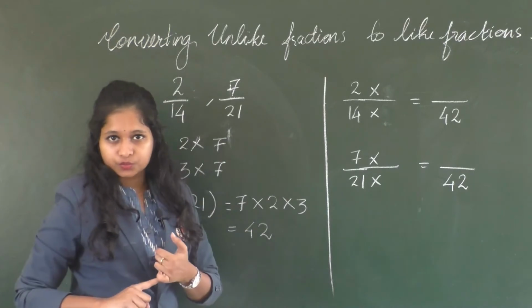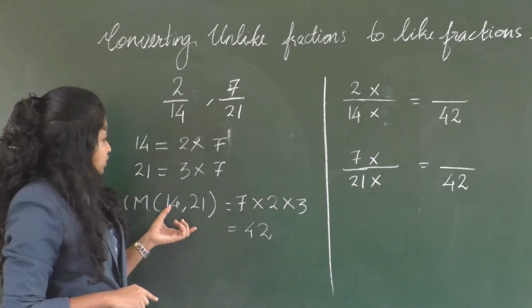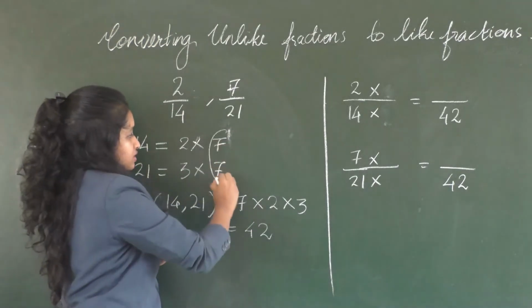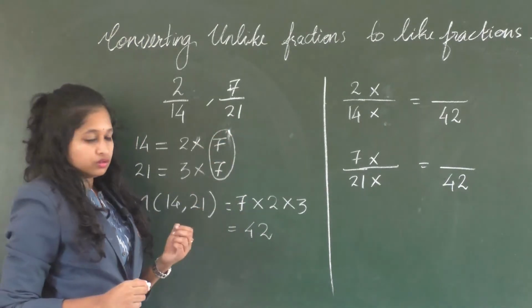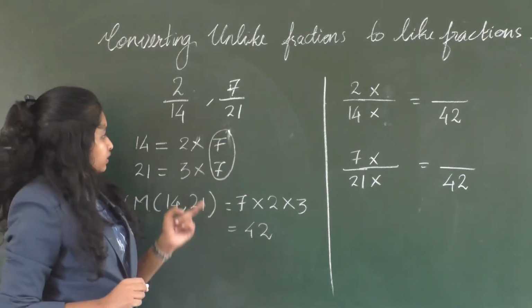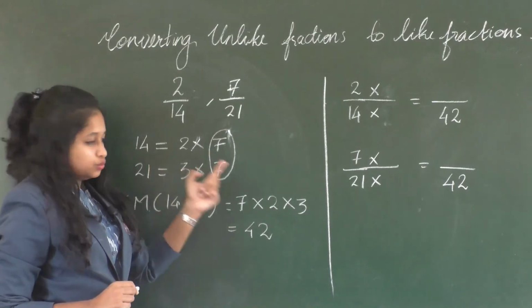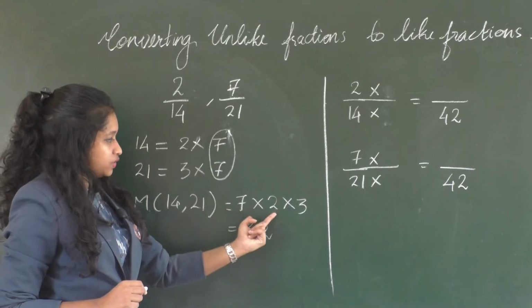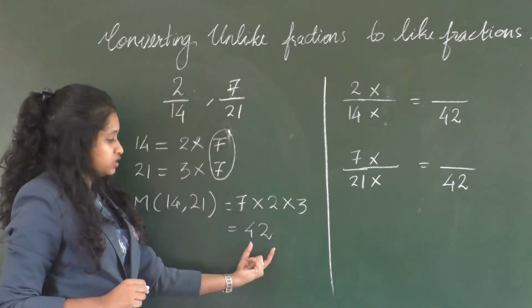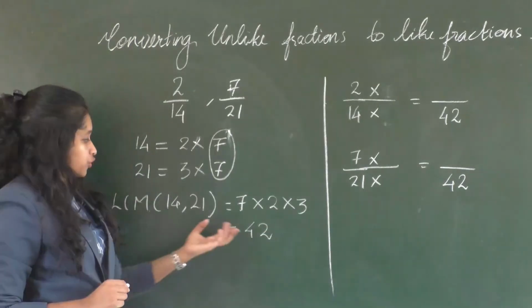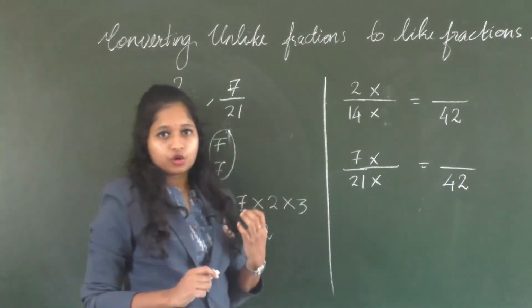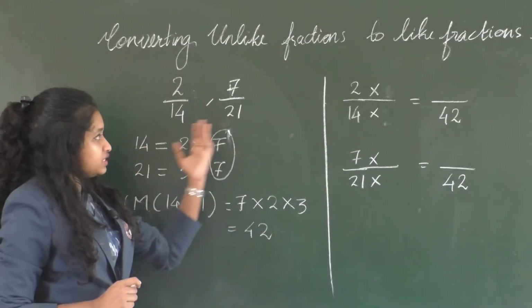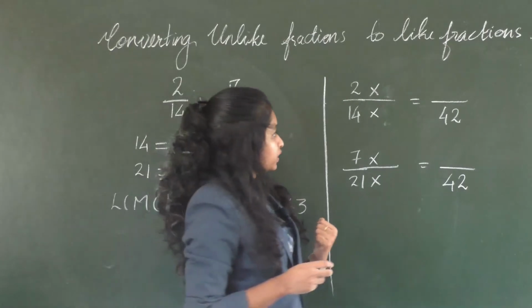Or the normal way in which you find the common multiples, that way also you can do. Okay? So, here 7 is common, write 7 here, and then 2 and then 3. So, when you multiply 7 into 2 into 3, we get 42. So, 42 is the least common multiple of 14 and 21.